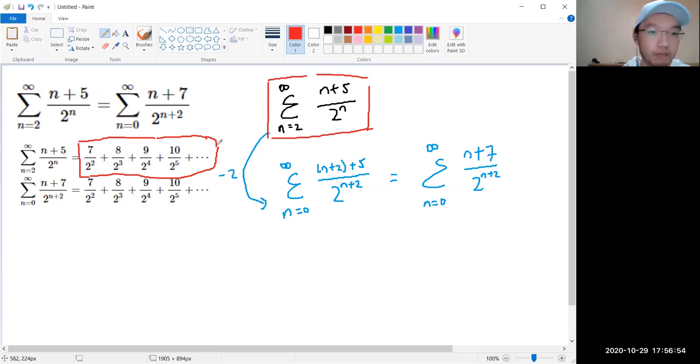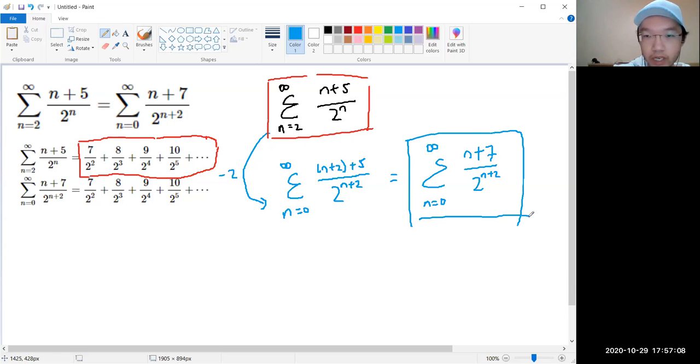It's 7 over 2 squared plus 8 over 2 to the third plus 9 over 2 to the fourth. And then when you do the index shift, we shift it to start at n equals 0. If you were to write down the numbers in this series, it turns out to be the same thing. So it's these numbers here: 7 over 2 squared plus 8 over 2 to the third.